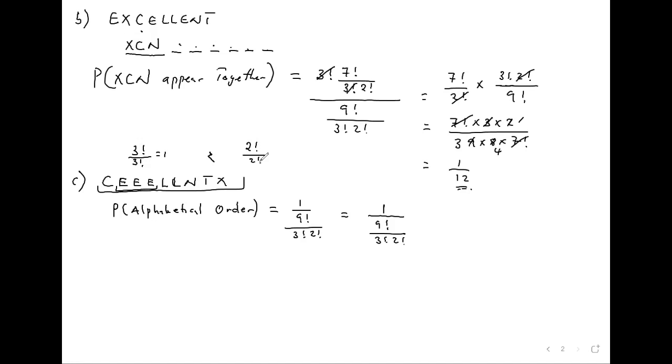Excuse me, sir. Can you run through question B again? Question B is just X, C, N as 1 letter.